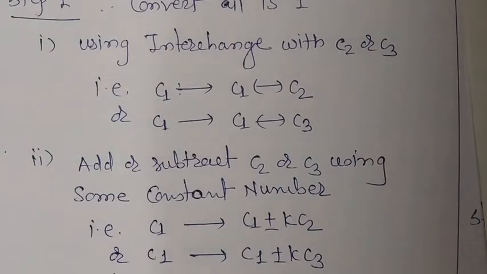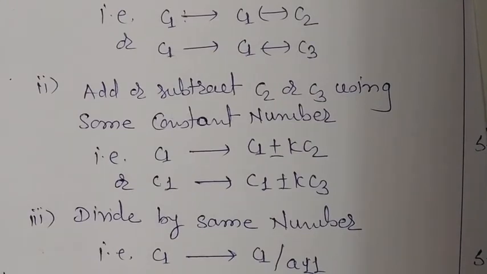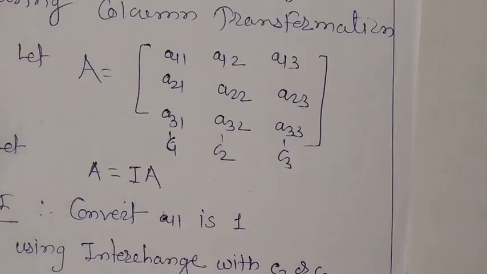Then you can divide by the same number. Just divide C1 by A11. If any number is divided by itself, it becomes 1. Then with these 3 steps, our step 1 is complete, and A11 is 1.